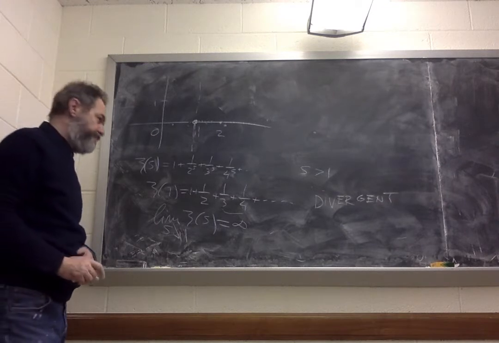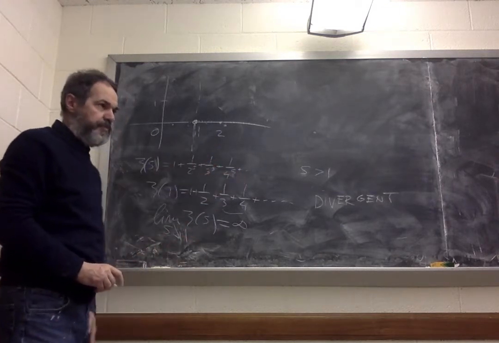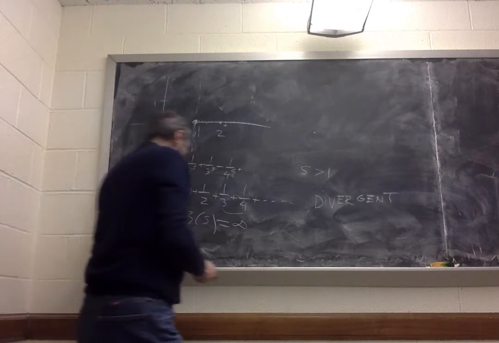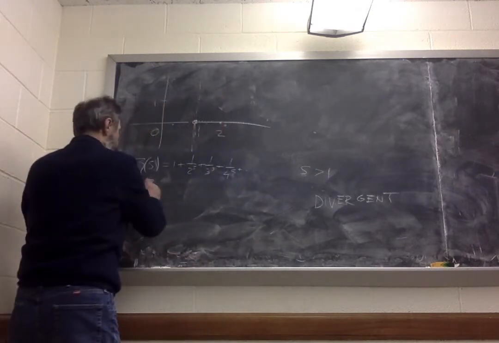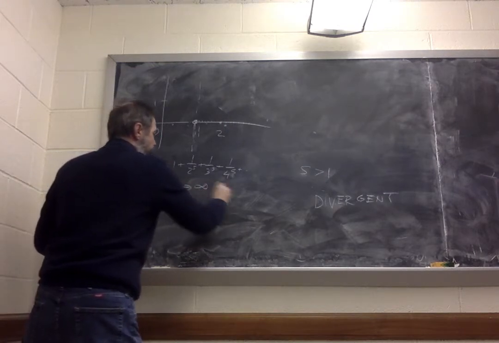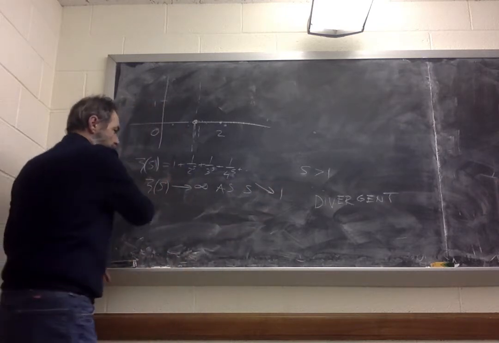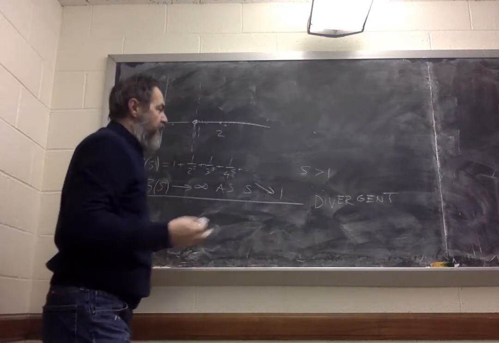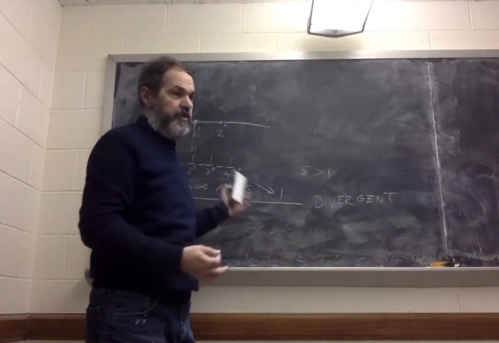Now, from the right, as s approaches 1, zeta of s goes to infinity. That's how we write it. Or some people write it like this. They say zeta of s goes to infinity as s decreases to 1. Keep this in mind. Now, Euler discovered what people now call the Euler product for the Riemann zeta function.